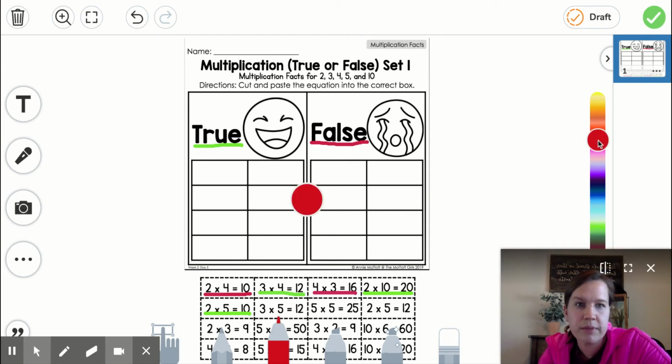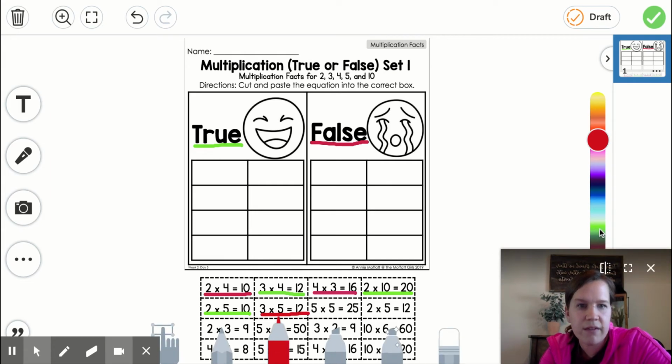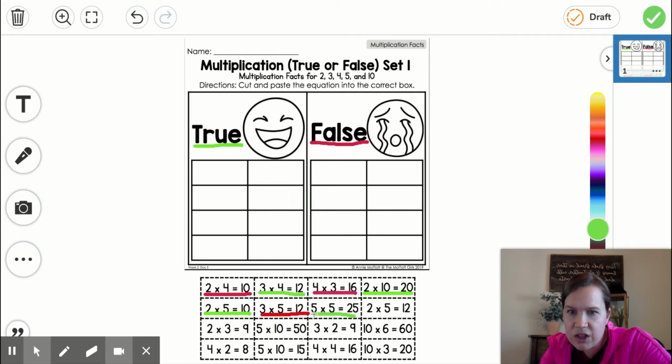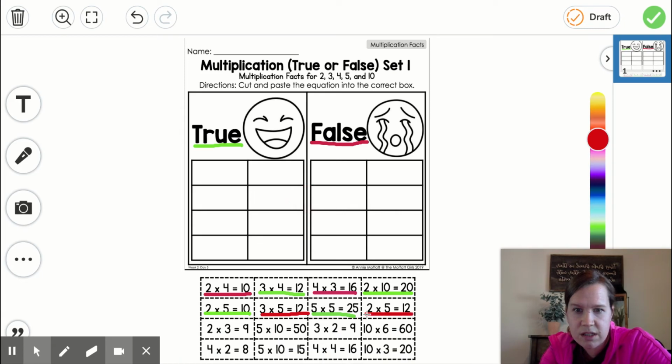That's false. I'm going to click my red and underline it red. 5 times 5 is 25. That's true. 2 times 5 is 12? No, I just finished saying that 2 times 5 is 10. 5, 10. Okay, so I'm going to get my red and I'm going to mark it false.